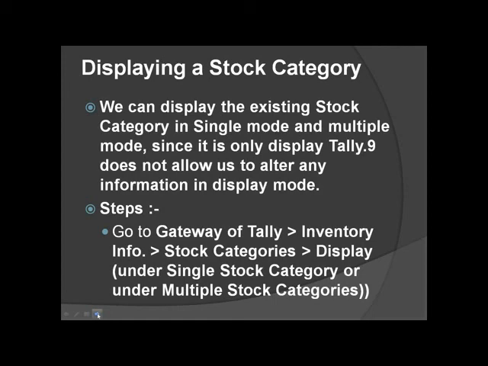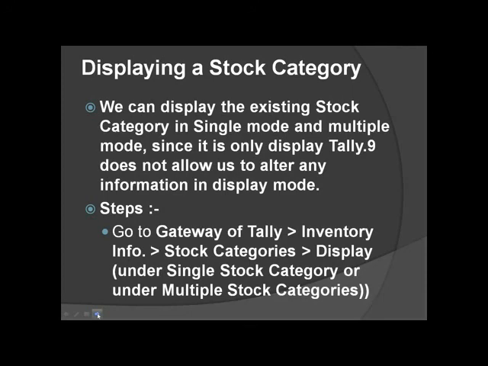The next operation which can be performed with stock category is display. We can display the existing stock category in single mode and multiple mode. Single mode is to see one stock category at a time.